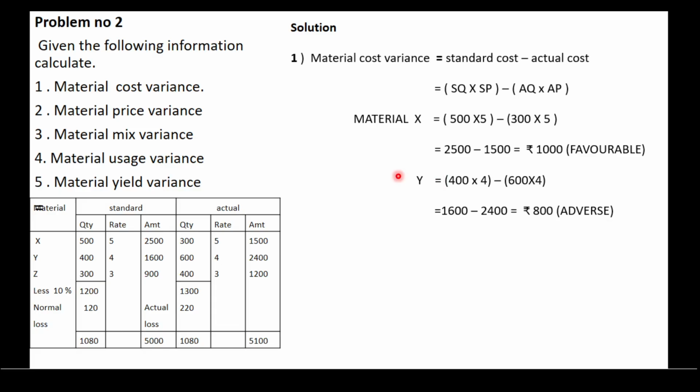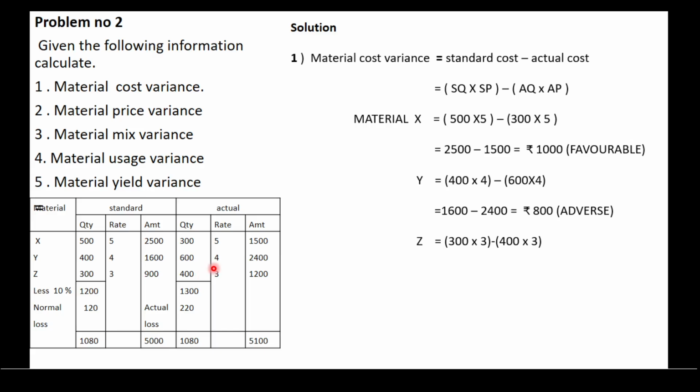And next, the calculation of material Z. Here the standard quantity is 300 into the standard price rupees 3, and the actual quantity is 400, actual price rupees 3.